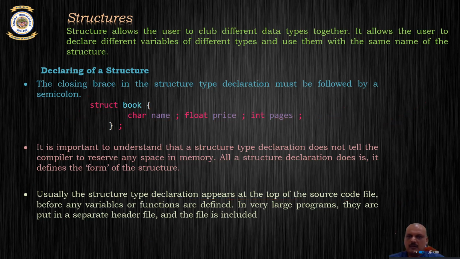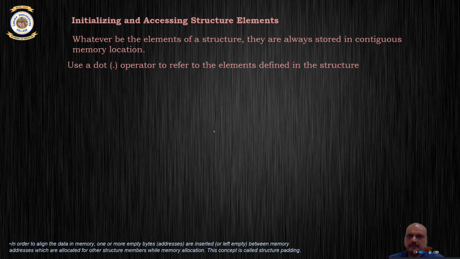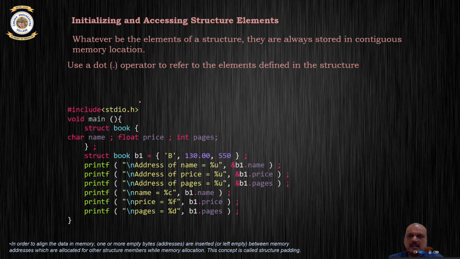Once you declare the structure, you can initialize them as well. A structure can be initialized very similar to an array by using curly braces. Given out here is how you define an element or an object of this struct book.